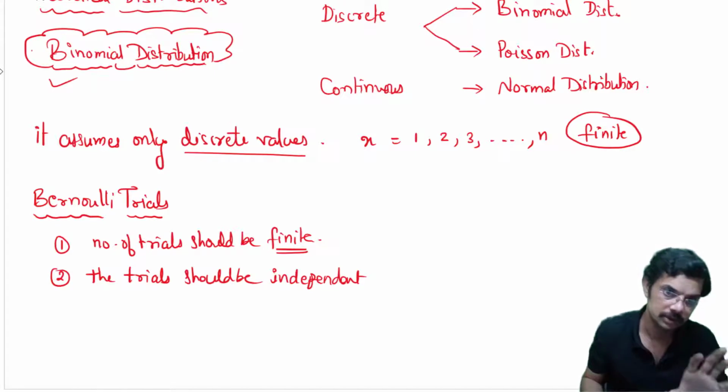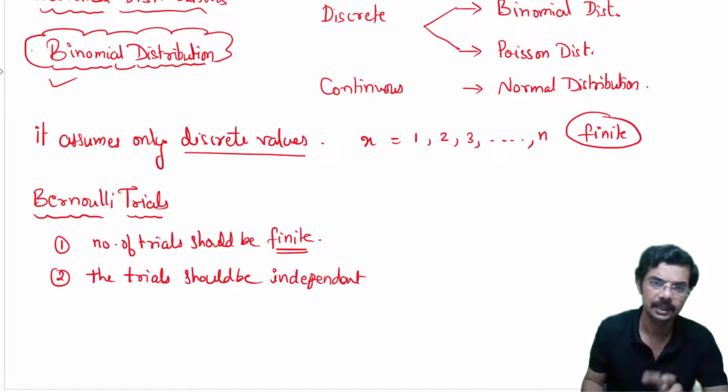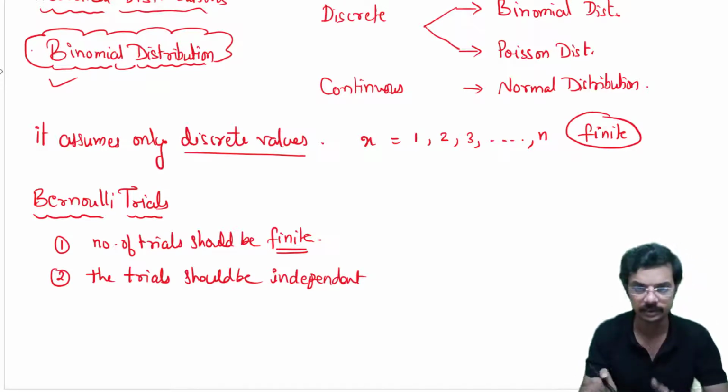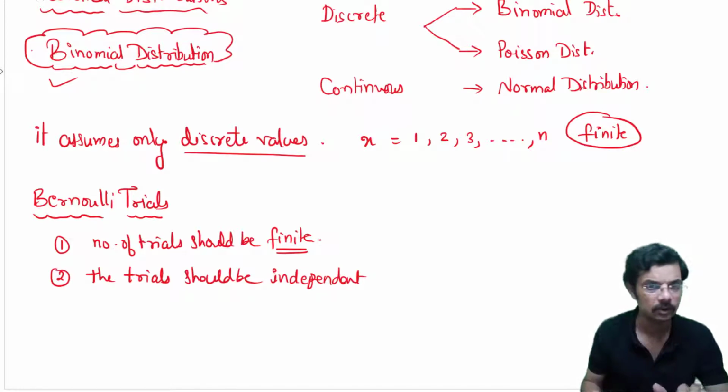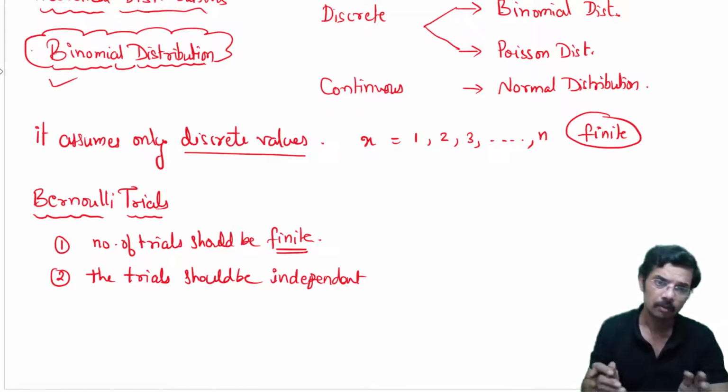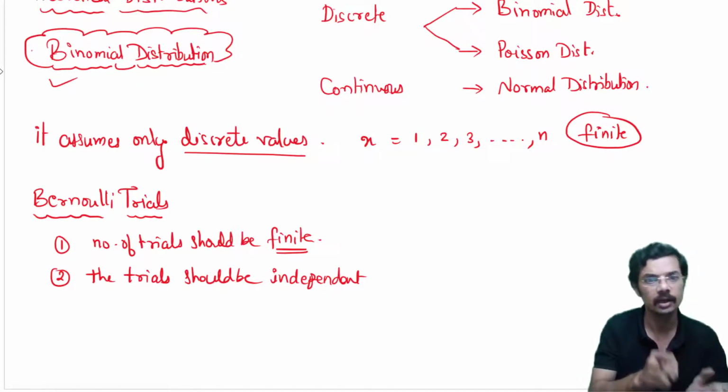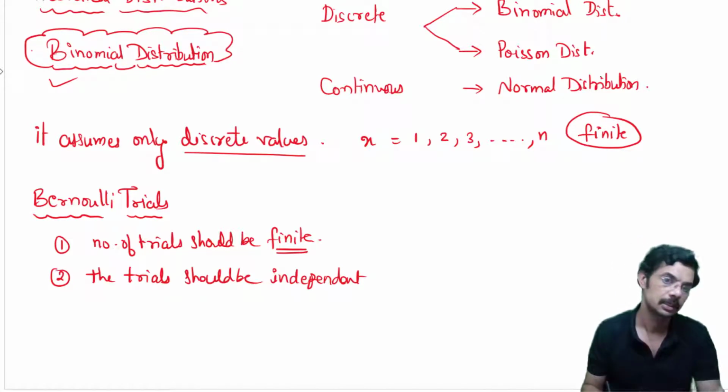No. So such trials will be independent. The second trial is totally independent from the first trial. I toss it once, I get a result. I toss it a second time and I get another result or the same result, whatever. But the first trial in no way influences the second trial.